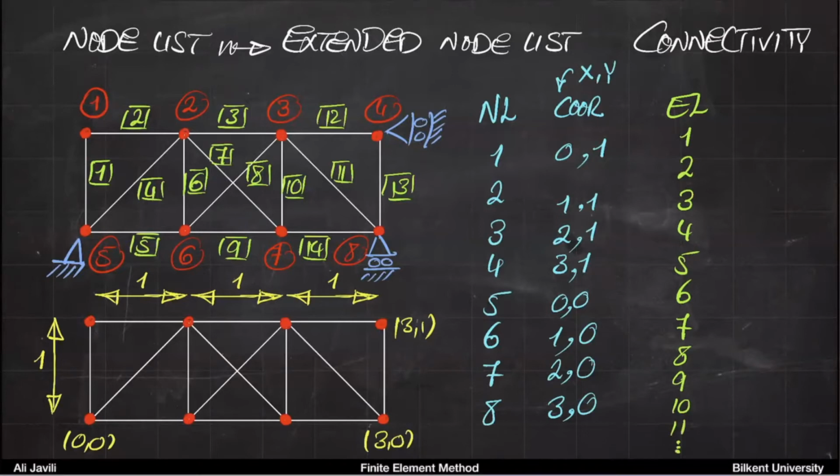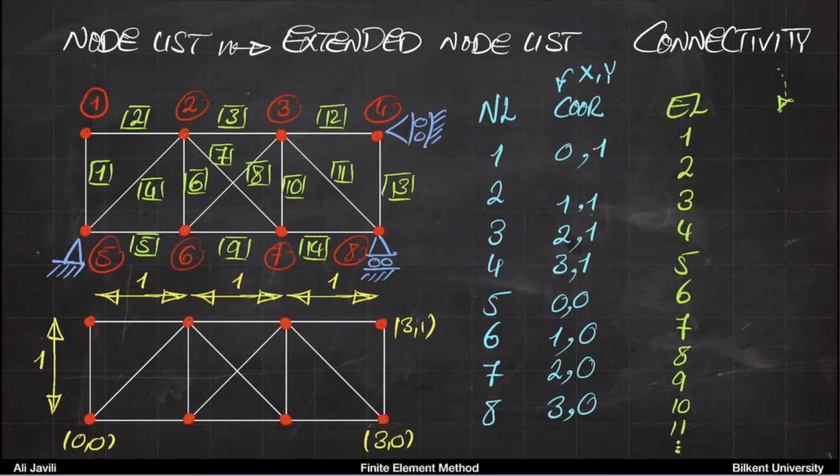So what is the connectivity of element 1? We just call it element list in a sloppy manner, because in our way we really don't have the first column. It's just those numbers. So the connectivity is the order of the nodes in each element.